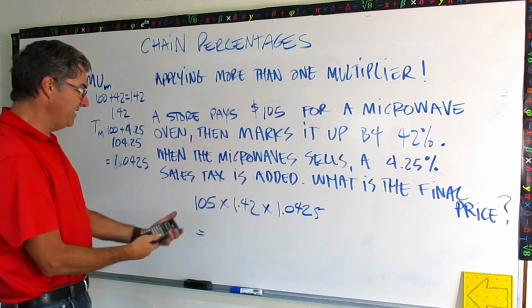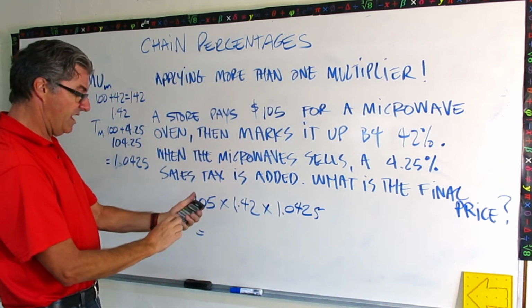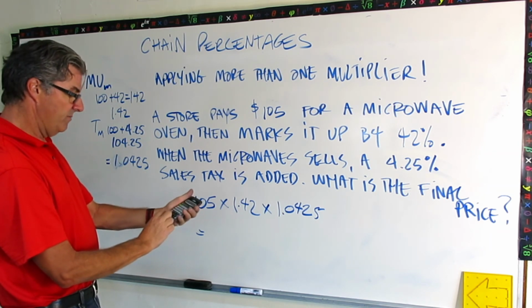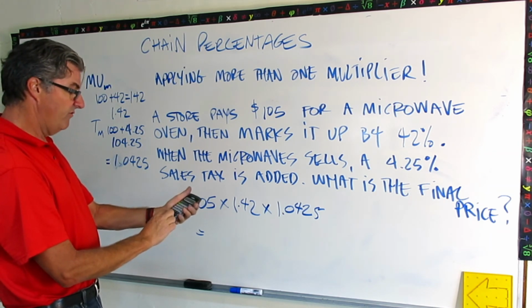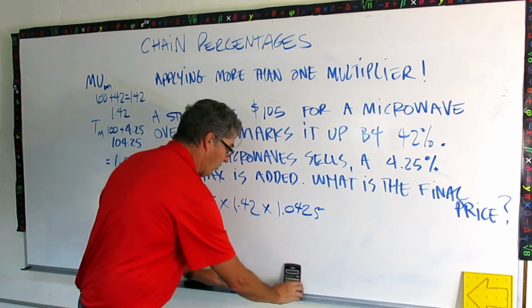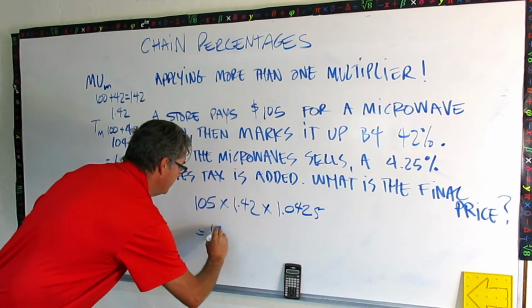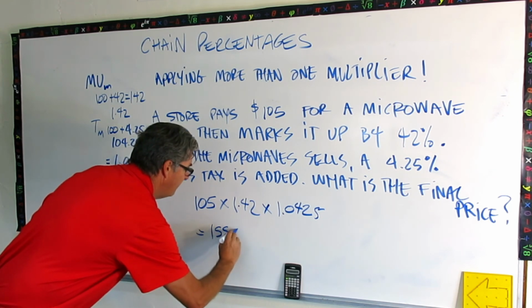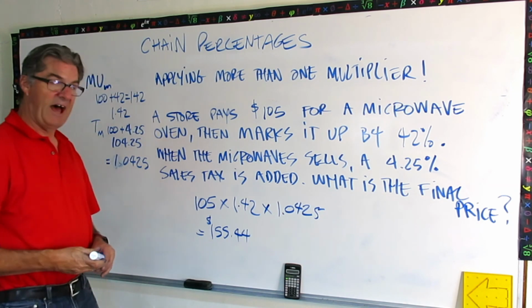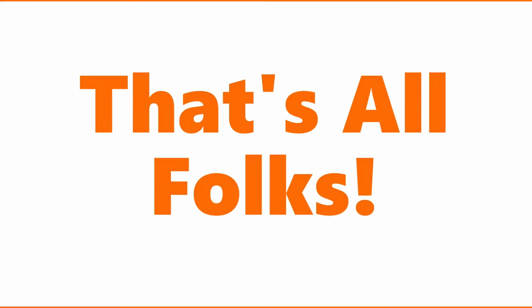So let's pull out the handy dandy calculator. 105 times 1.42 times 1.0425, and we get $155.44. So that is our final out the door price.